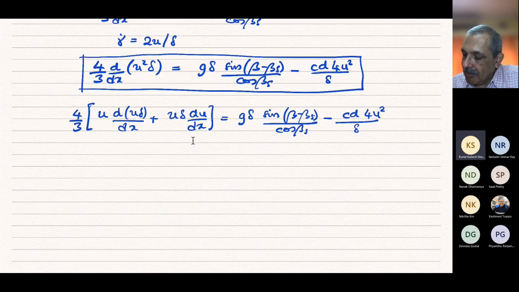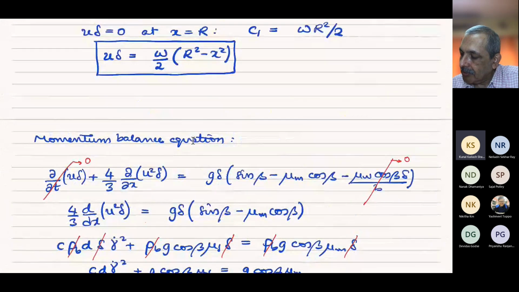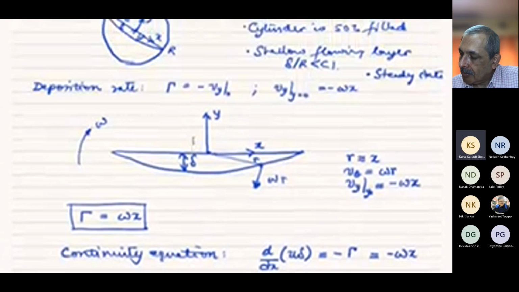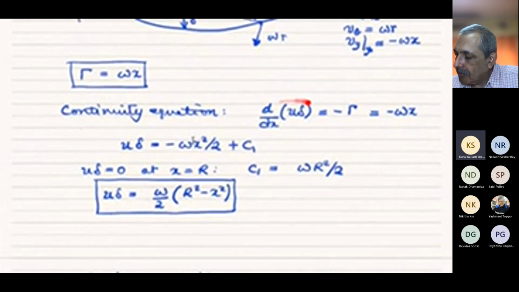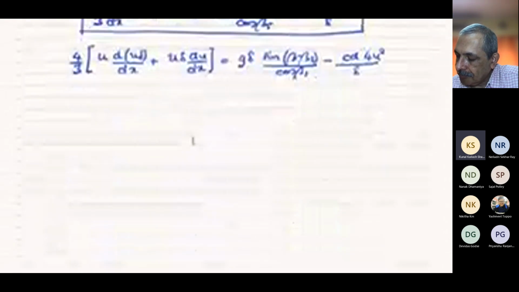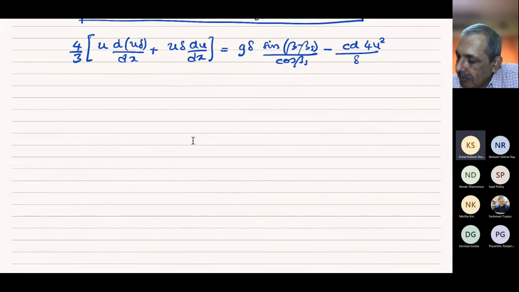So now what is d of u delta by dx? We see that d of u delta by dx is just equal to minus omega x. So here I'll multiply throughout by 3 by 4 and take this on the other side.